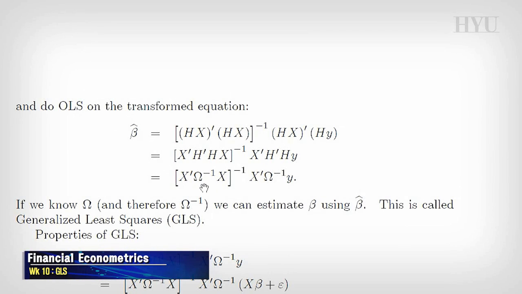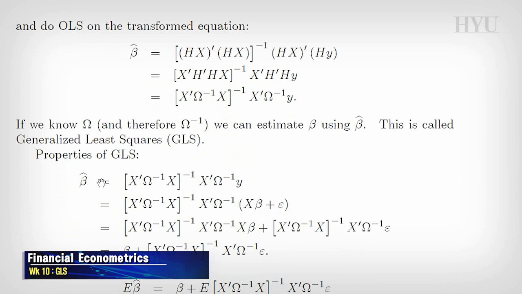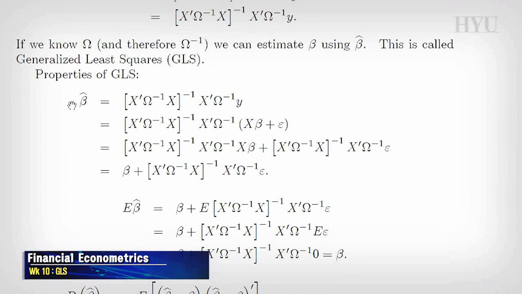The only difference between OLS and GLS, the generalized least squares estimate, is about these two: we have omega inverse here and here. About properties of GLS, beta hat looks like this, and Y is simply X beta plus epsilon. We put this in, and this part and this part cancel out, so we have only beta plus this part.